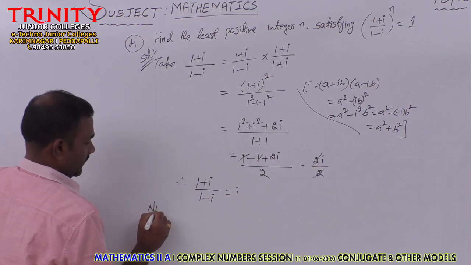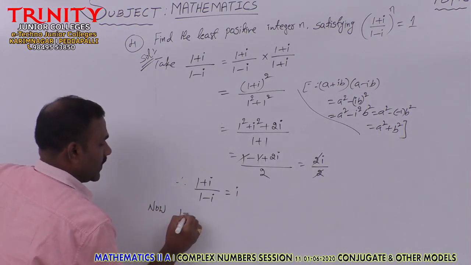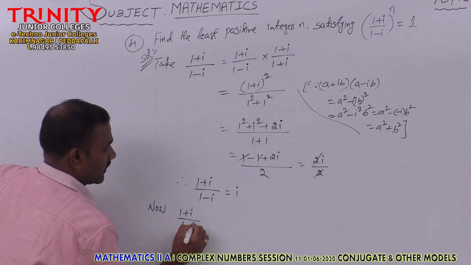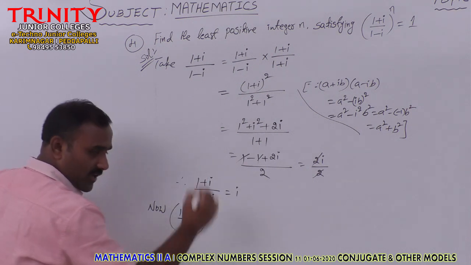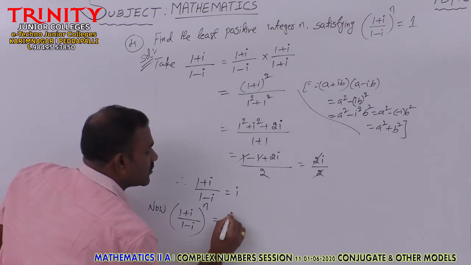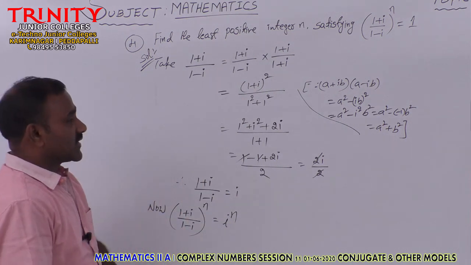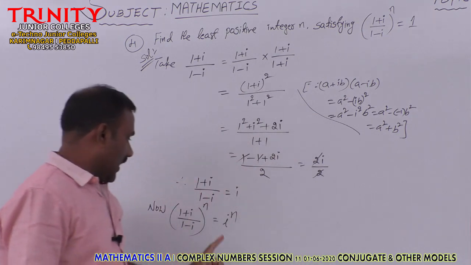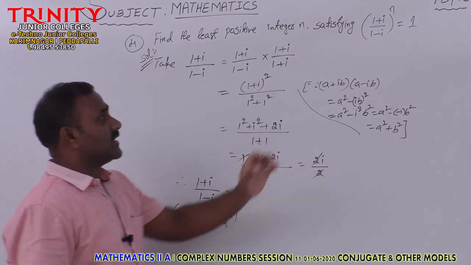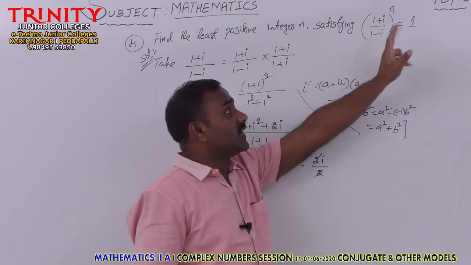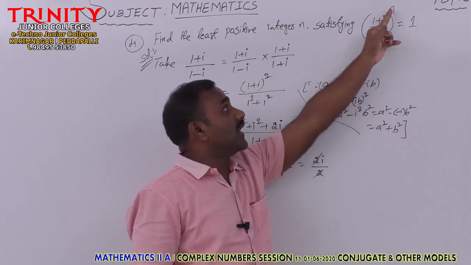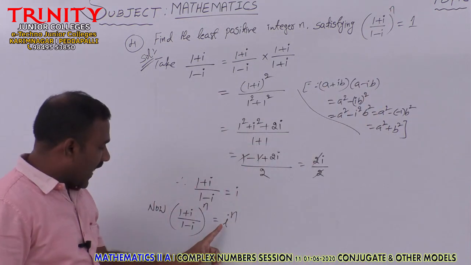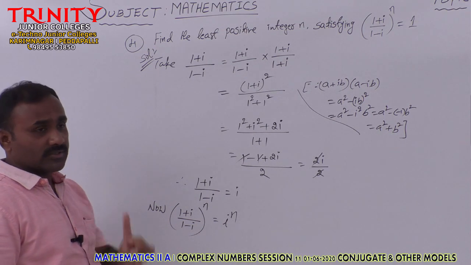Now ((1 + i)/(1 − i))^n is nothing but i^n. He was asking for what value of n this i^n becomes 1.